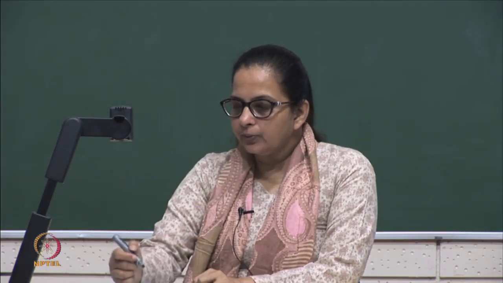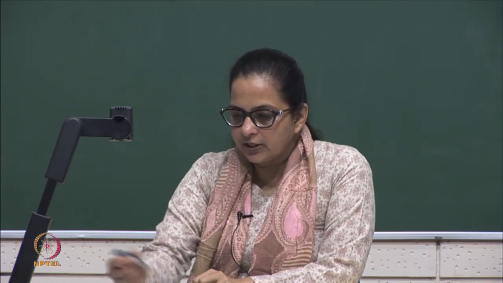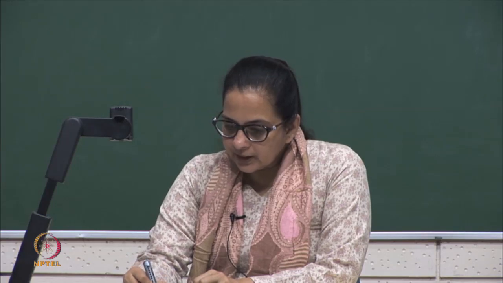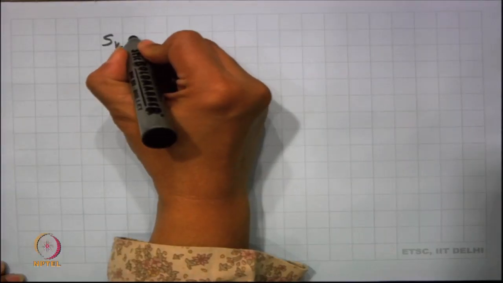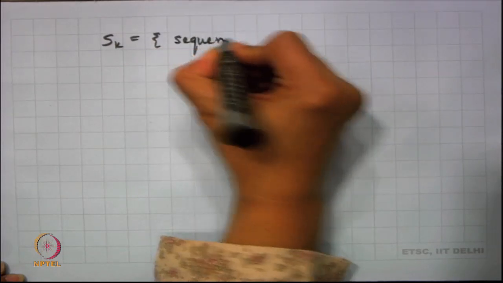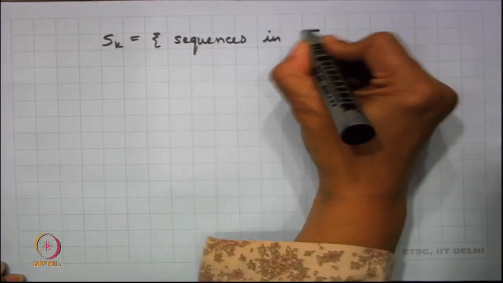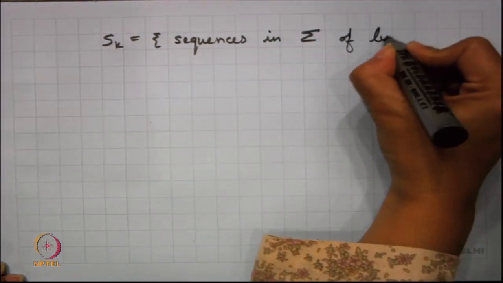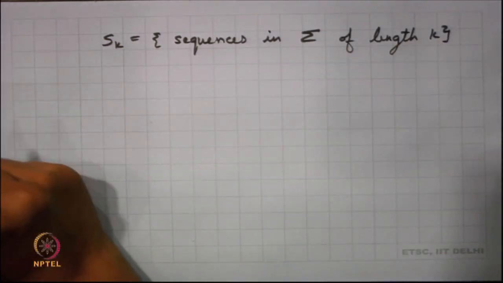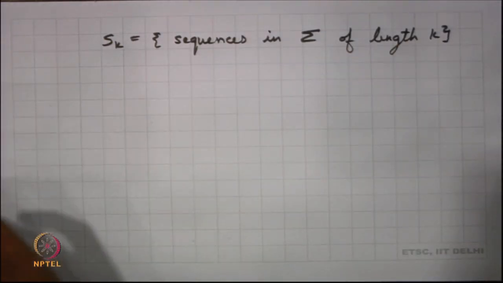I am looking at sequences of length k, so I say that Sk is the set of sequences of length k. And now we want to give some kind of order to all finite sequences.